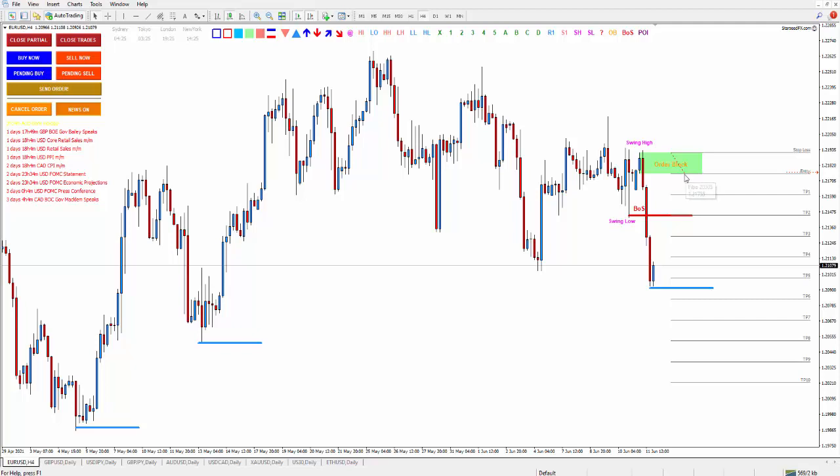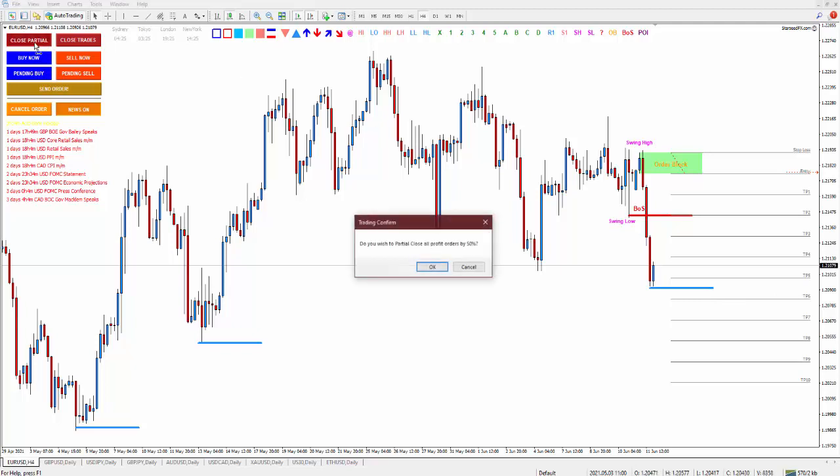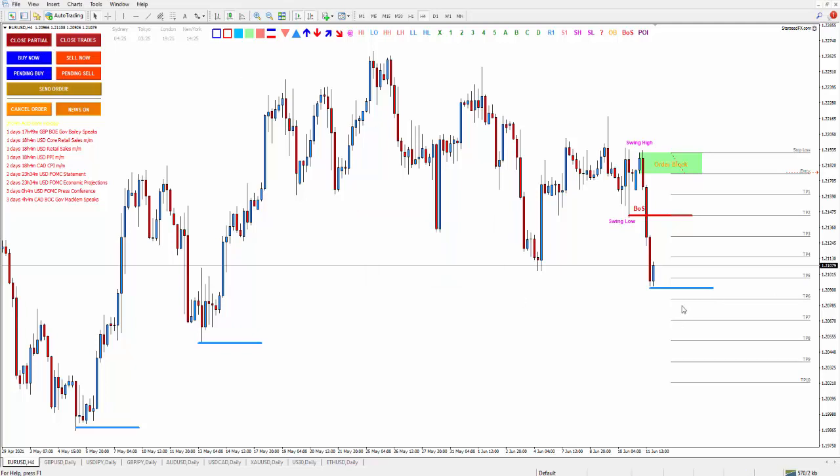You can also do this when you reach the lowest point, or at least 1 to 5, for example, of your trade. If you have this tool like me, it belongs to my husband, you can get it at StarseedFX.com. You just can close partial. So let's say I have one lot, and then it has already reached 1 to 5. I just click partial, and when I click this, my lot is 1 lot, I will close half of it.